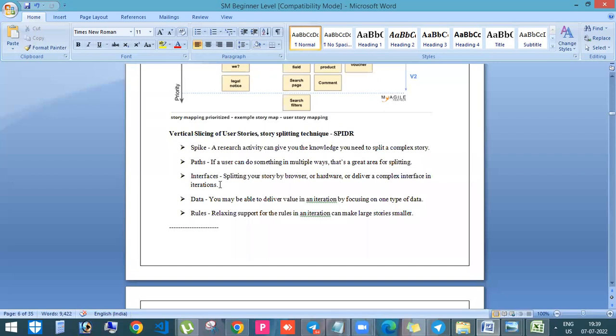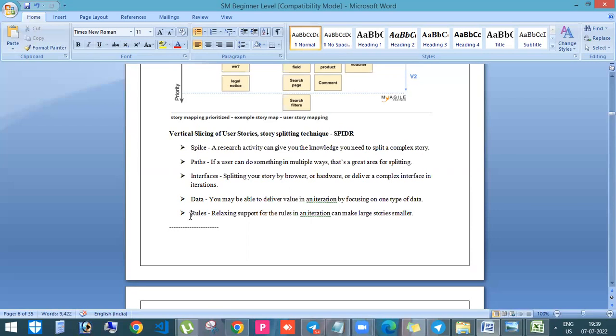Interfaces: you would have heard about interfaces, right? Interfaces means how we are connecting with the system, whether a browser or a hardware. Next is data. Data is what type of data you are focusing on. And next, rules.